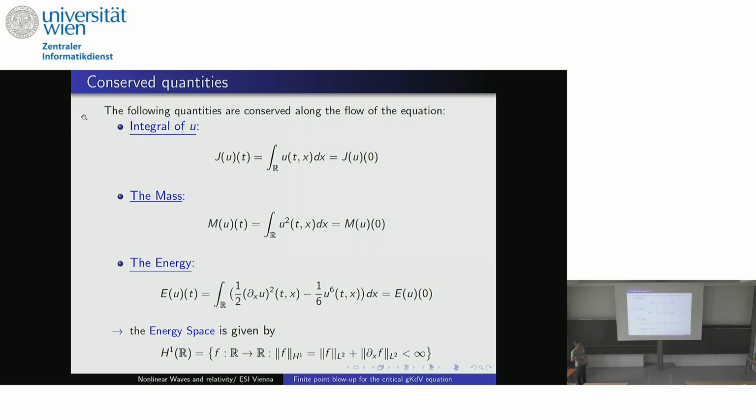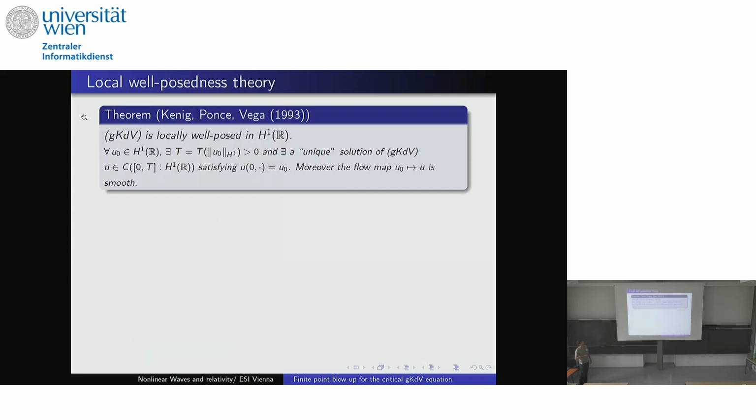Okay, so what you want is a local theory if you want to study this, and this was done in the 90s by Kenig, Ponce, and Vega. More precisely, they proved that the problem is locally well posed in H1, and this means that for any initial data in H1, there exists a positive time, and this time only depends on the H1 norm of the initial data.